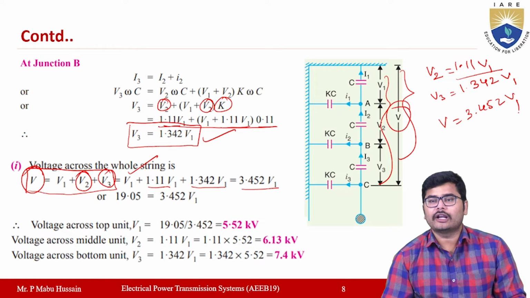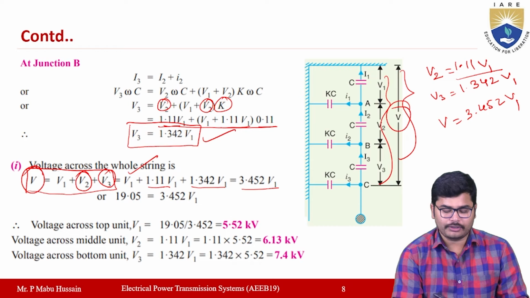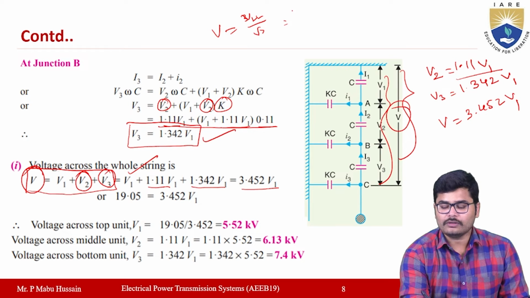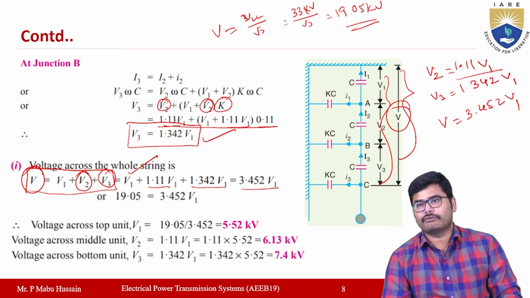We already know the value of V. The value of V is VLL by root 3. Here VLL is 33 kV, so 33 kV by root 3. You got 19.05 kilovolts. So this is the V phase, right?